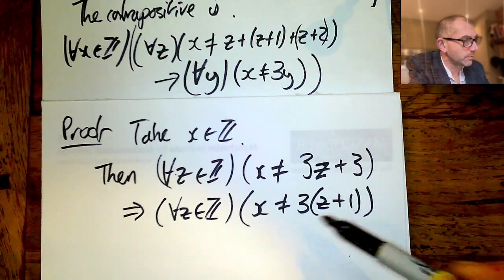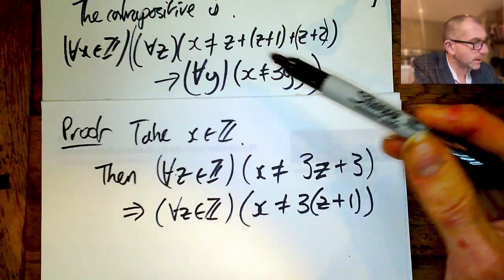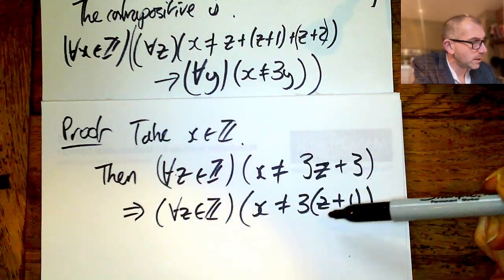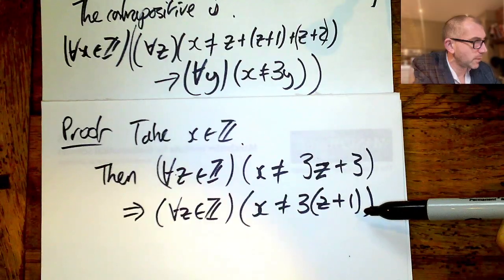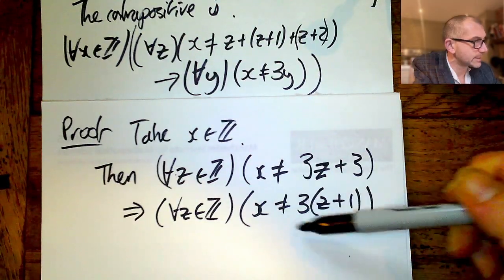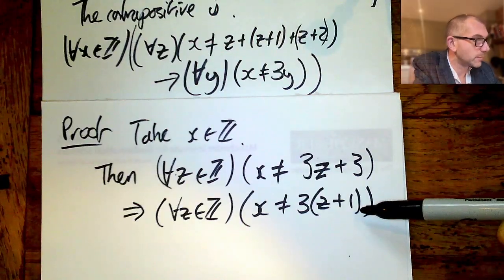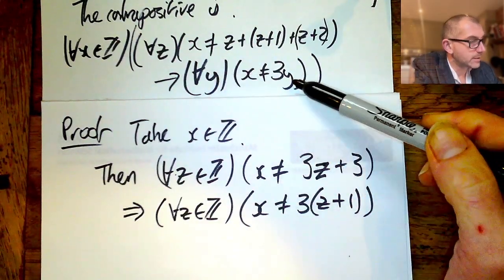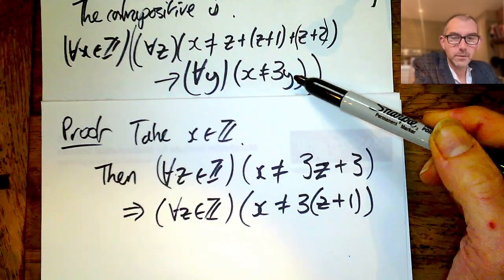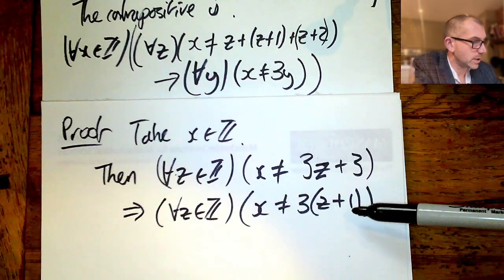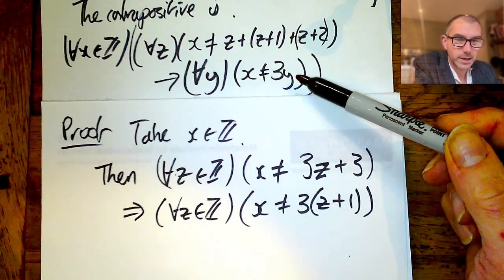Okay, so we can probably see what the issue is going to be now. If I'm never allowed to write x in this form for any z, then I can't write it in this form for y either, because if z plus 1 is an integer, then so is y.